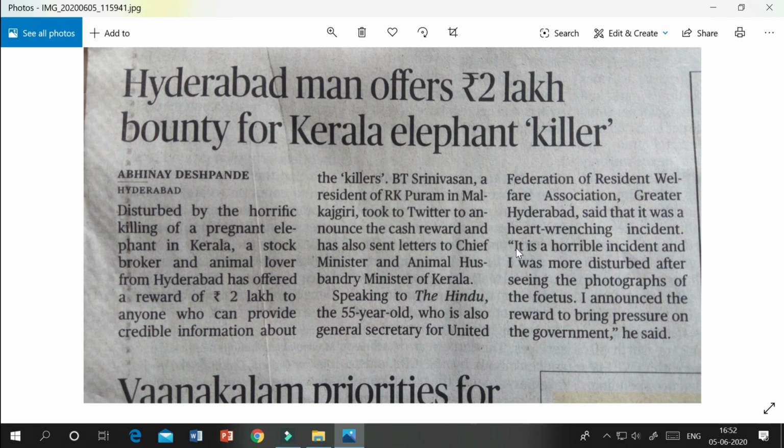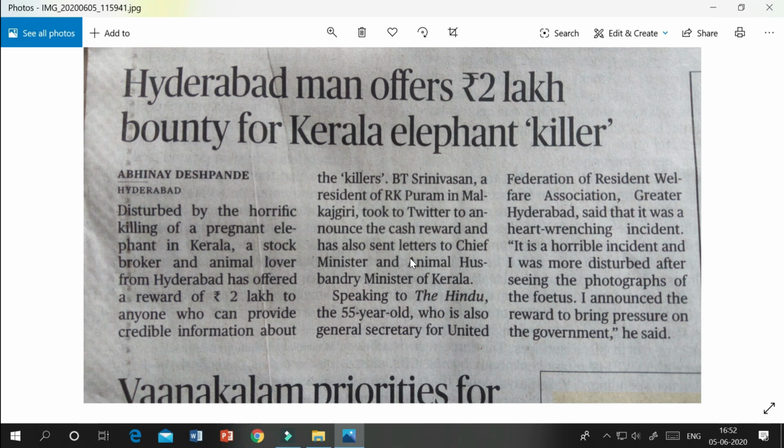Here it is the subject, is verb, a horrible adjective, incident noun. And I was more disturbed, this is conjunction clause. And to disturb, this is conjunction clause. After seeing the photographs of the fetus, this is called non-finite clause.